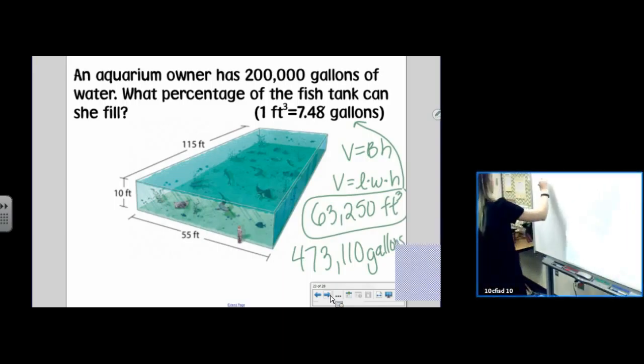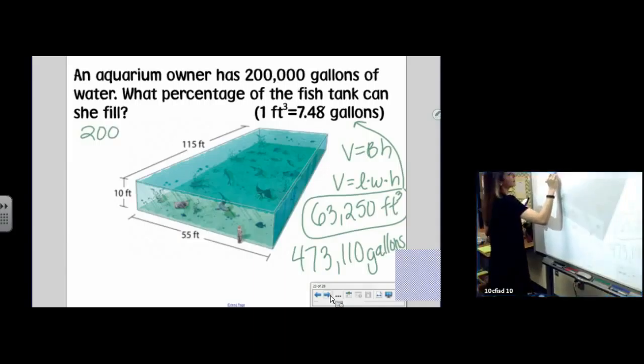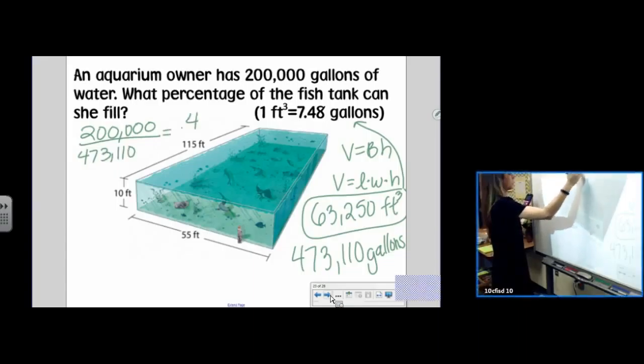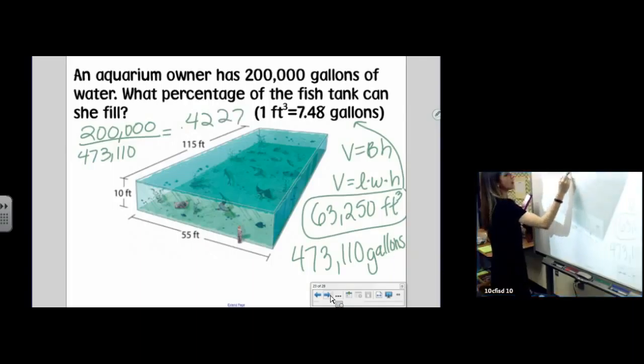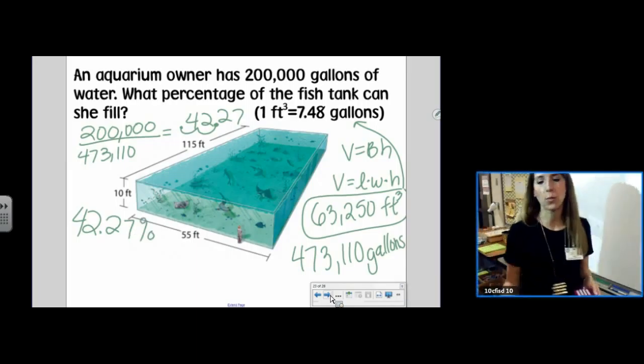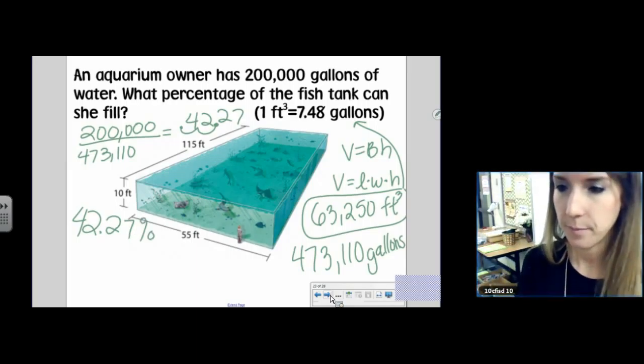So you take the number of gallons over how much it holds. You're going to get 0.4227, and then to make it a percentage, you move the decimal place over twice. So it'd be 42.27% or 42.3% or something like that.